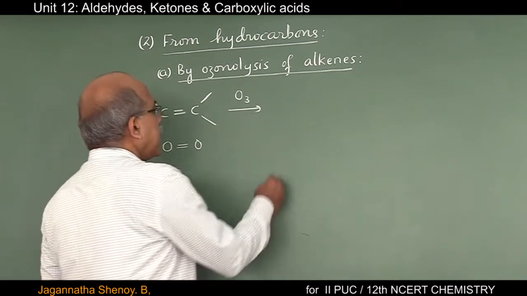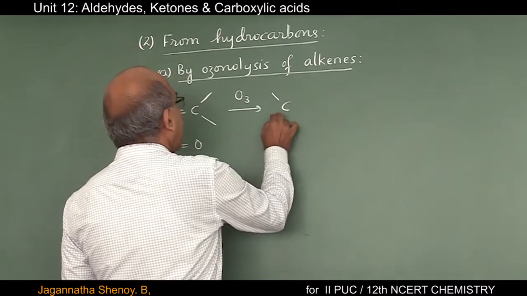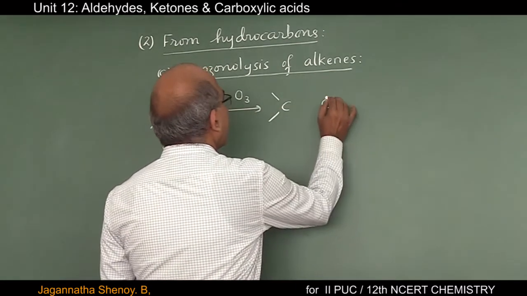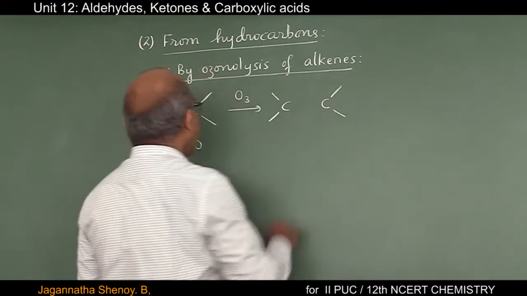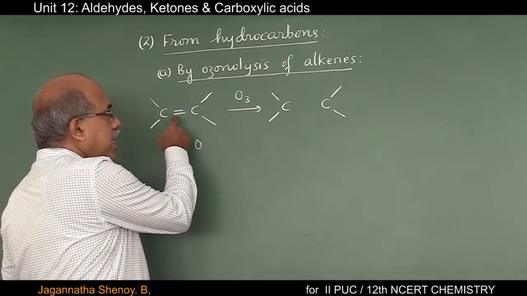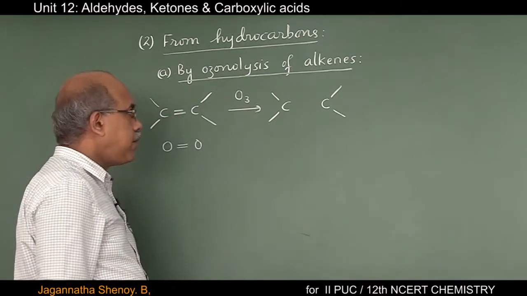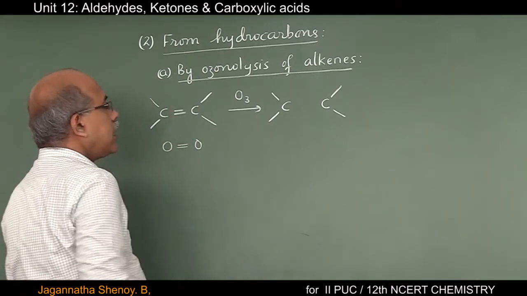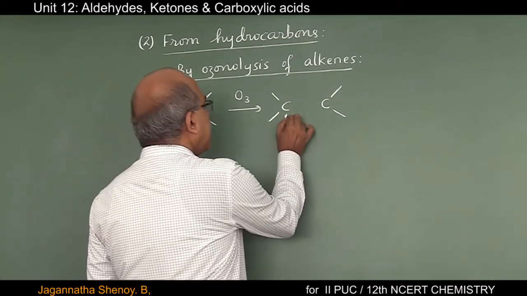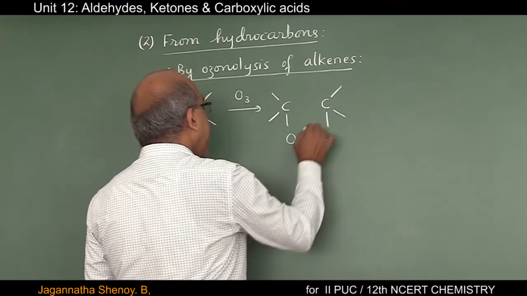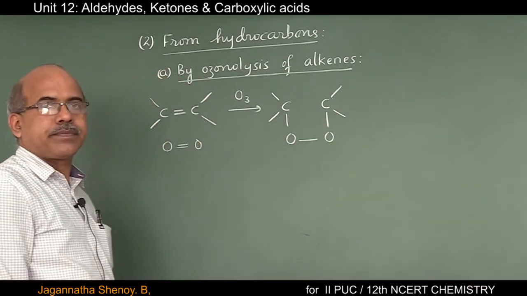As a result, the product obtained would be carbon has two unsatisfied bonds. Here you have carbon, you have two unsatisfied bonds, and during addition reaction I said double bond becomes single bond. I don't indicate it now, and these two oxygens are added across C double bond C. So the two oxygen atoms are added.